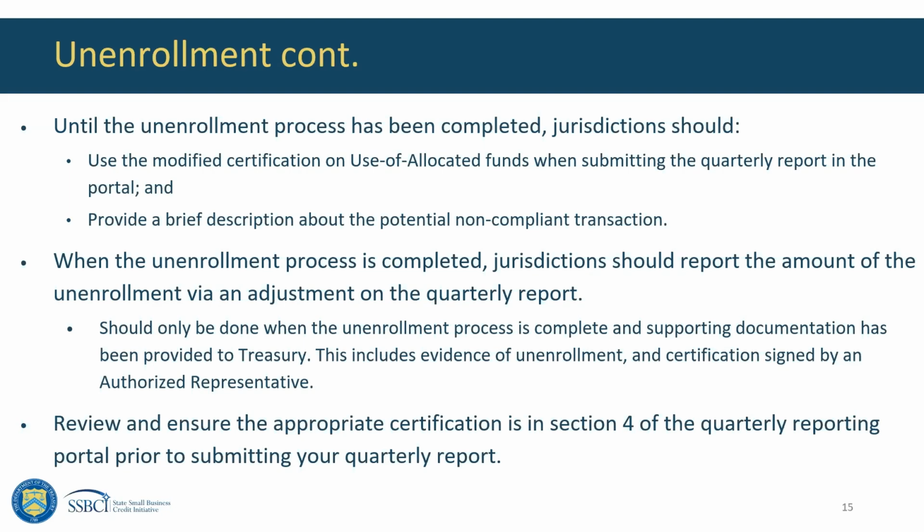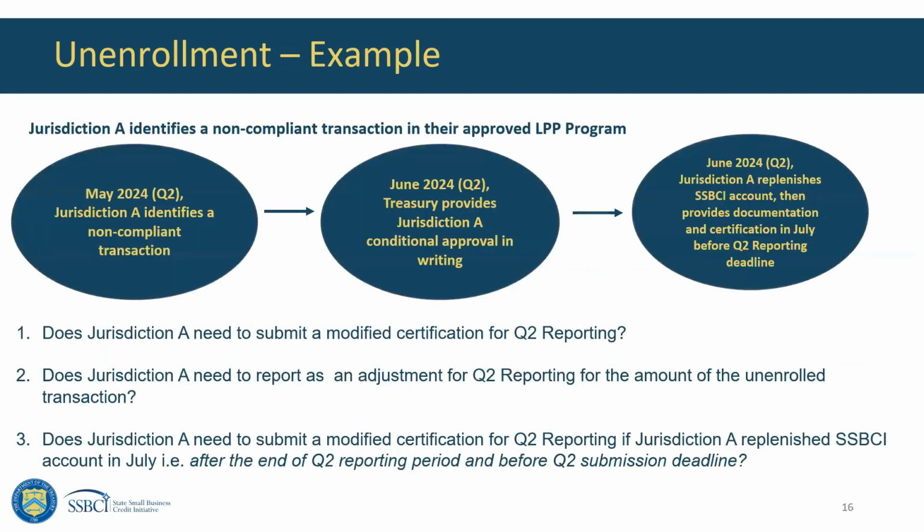Okay. On the next slide, I will go over an example of a timeline for a jurisdiction going through an unenrollment process. Jurisdiction A identifies a non-compliant transaction in May, which is during Q2. The jurisdiction contacts the outreach manager, letting them know they have a potential non-compliant transaction, and provides details of the transaction and the jurisdiction's intent to unenroll.